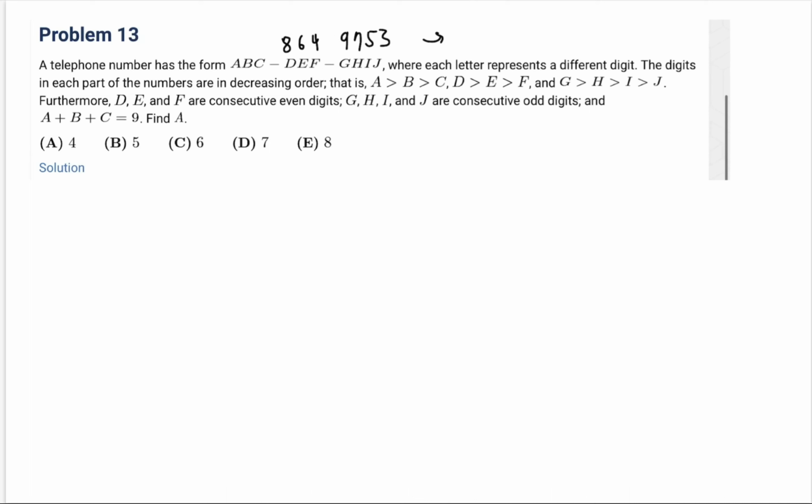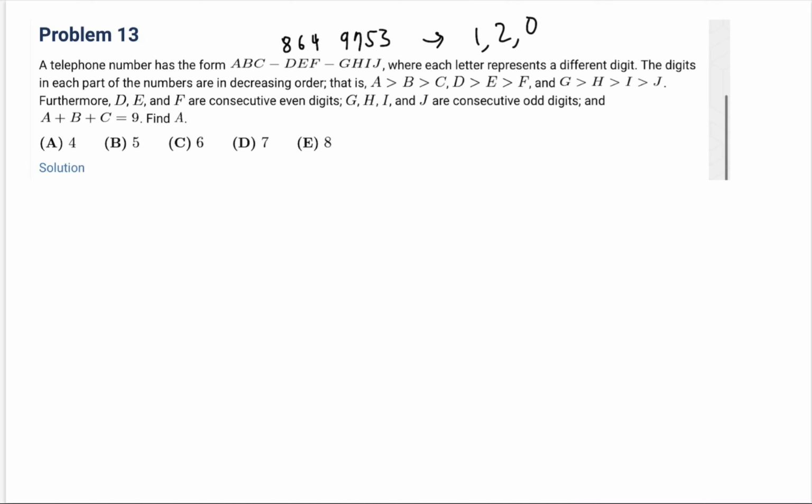So the only ones left are 1, 2, and 0. Yeah, but that doesn't make sense.